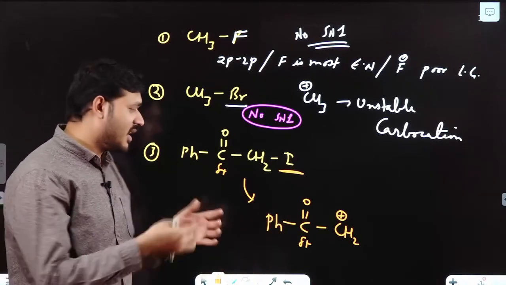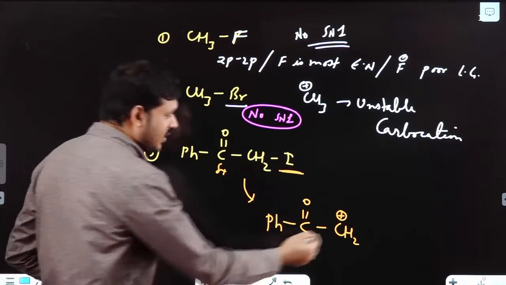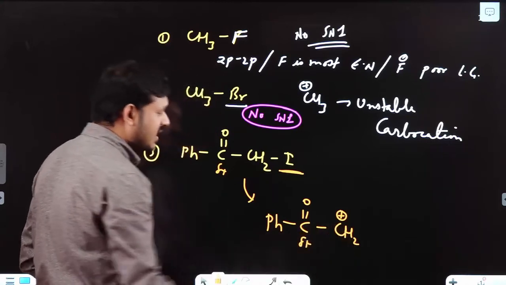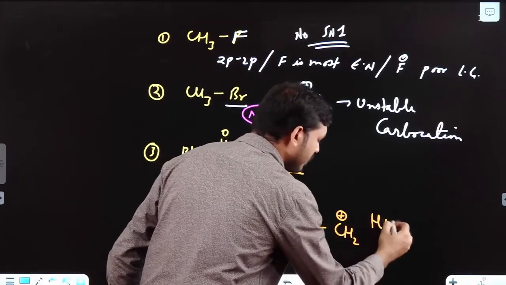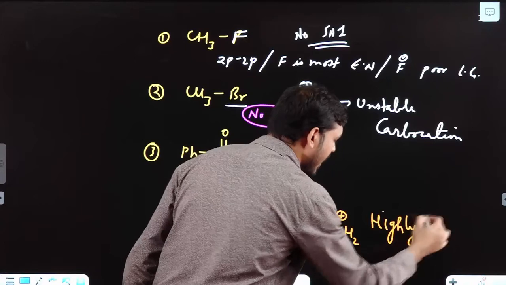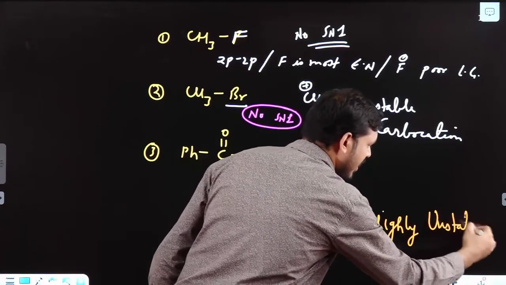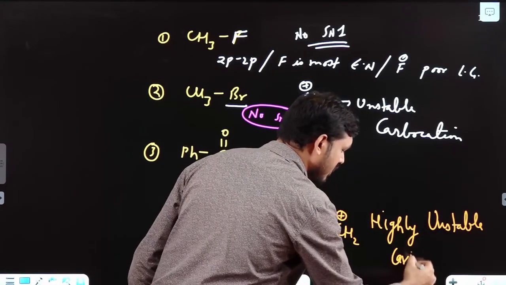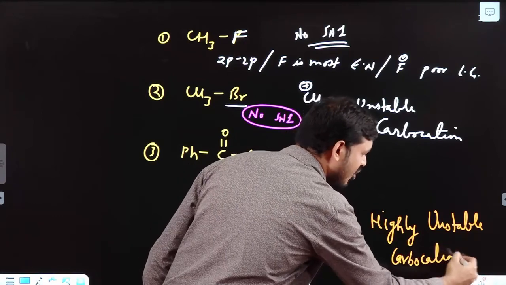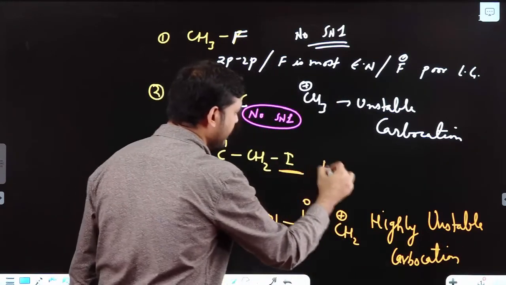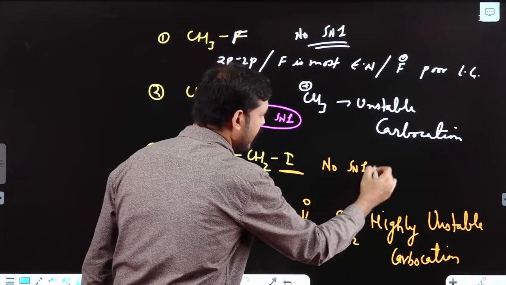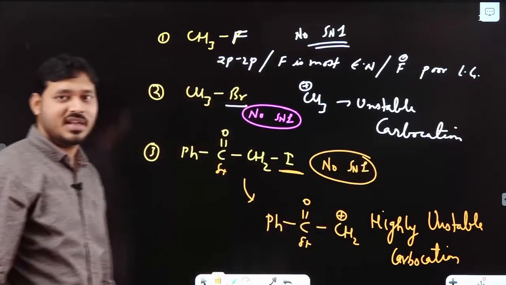Both are begging with each other. So this plus charge and this plus charge, a highly unstable carbocation. So no SN1 in this case also.